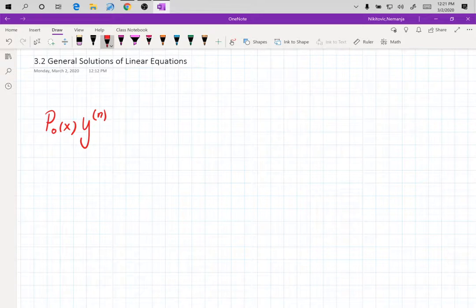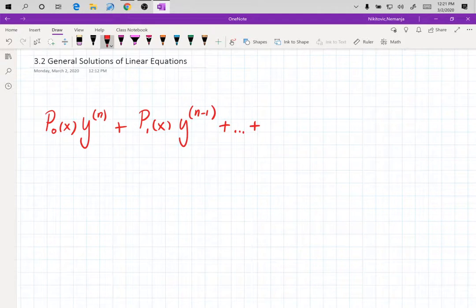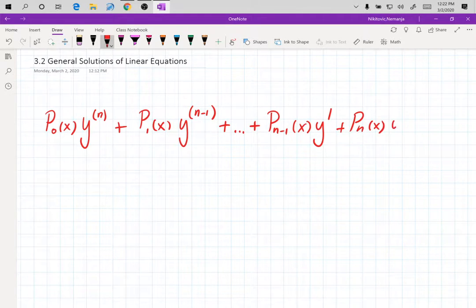All right, so then we have the next term, p1, and it's going to be one derivative less. So if the first one is the 7th derivative, then the p1 term would be the 6th derivative, and so on. Plus, and then we're going to go all the way down to p n minus 1 of x times y prime plus pn of x times y equal to some function f of x.